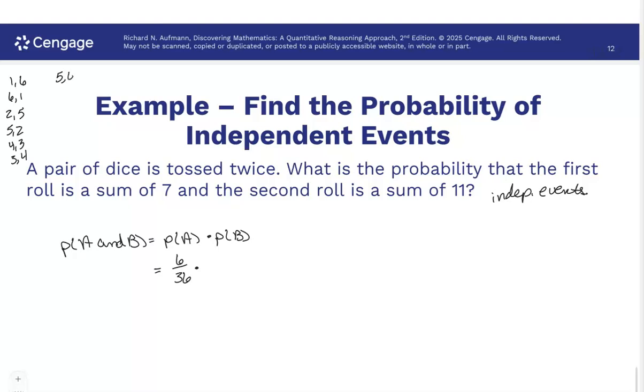So we could have a 5 and a 6, and a 6 and a 5. So there's 4 ways that could happen out of 36. So the probability the first roll is a 7, and then the second one is an 11, would be 6 over 36 times.